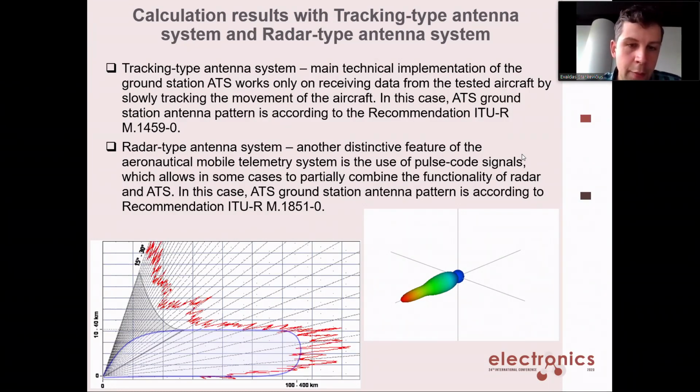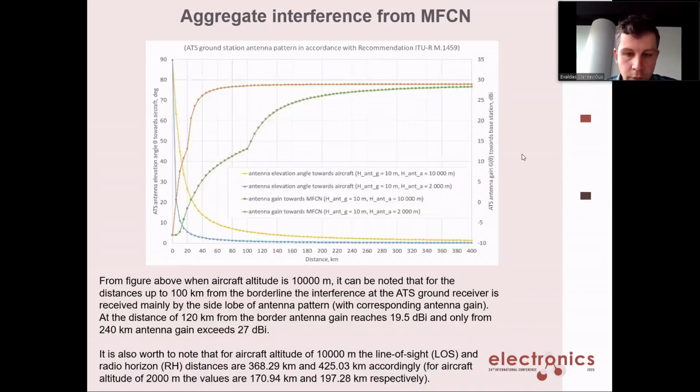The radar type antenna has a wider antenna pattern. It is also wider for tracking in the horizon, but it could also take more interference from a much wider angle.